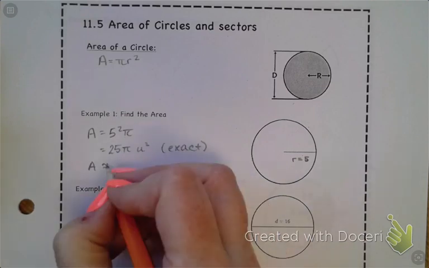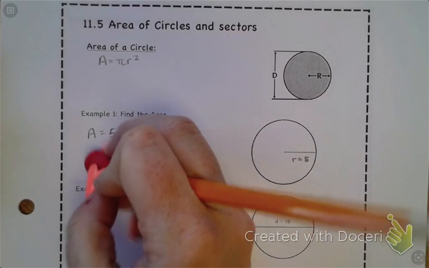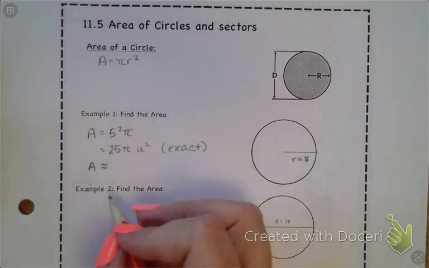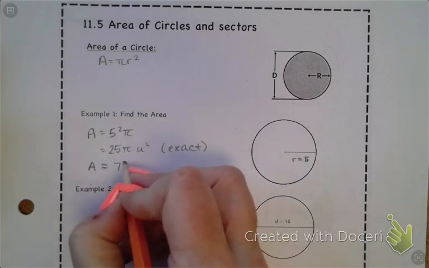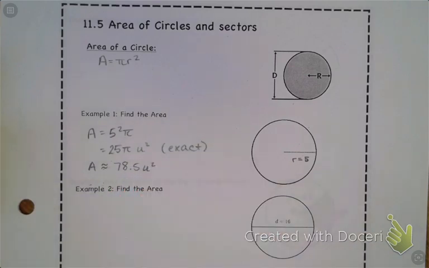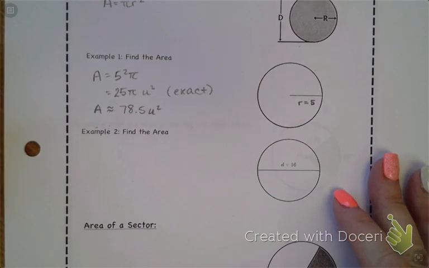Remember, we're using nearest tenth, and make sure you use your approximate symbol with little curvies. And so when I plug that in my calculator, I get 78.5 units squared.